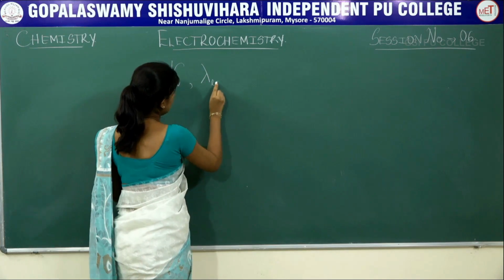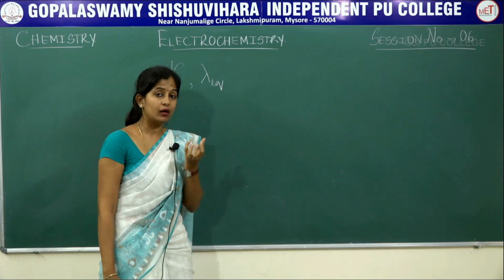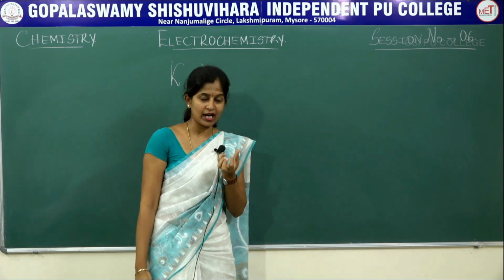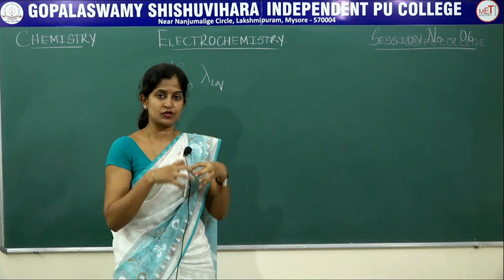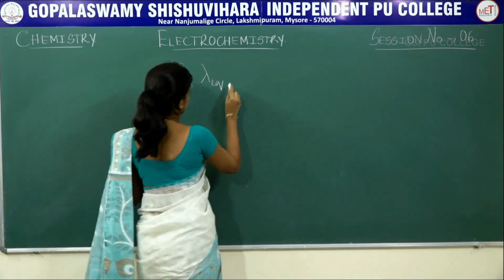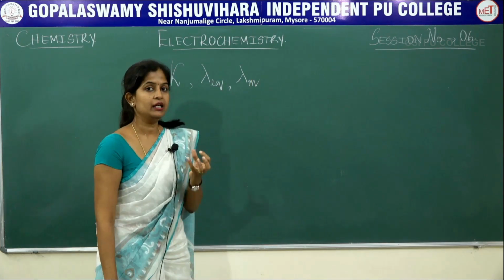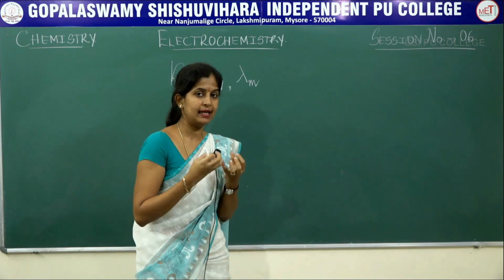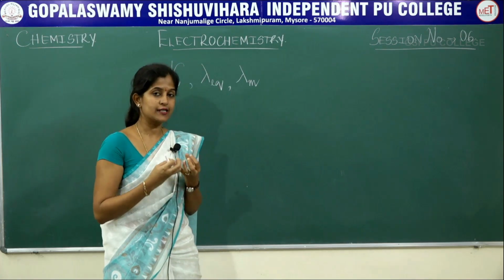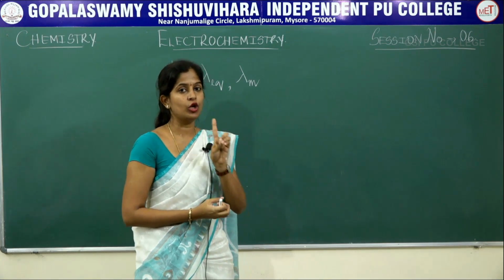Then lambda EQ, equivalent conductance. It is the conductance offered by all the ions present in an electrolytic solution made by 1 gram equivalent weight of the substance dissolved in it. Then lambda m, that is molar conductivity. It is the conductance offered by all the ions present in an electrolytic solution prepared by dissolving 1 mole of a substance.